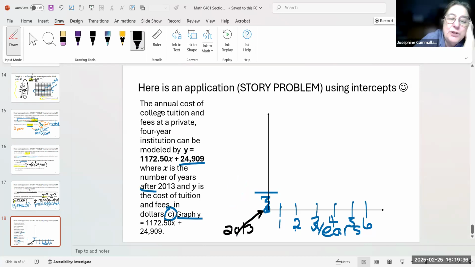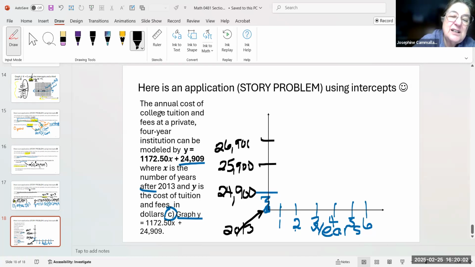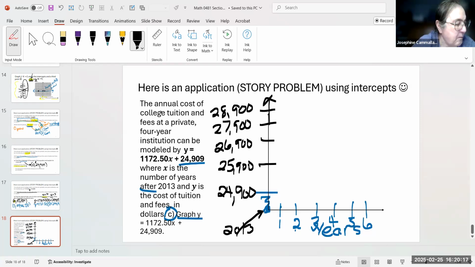Okay, I am going to make this 24,900. And I'm going to make this 25,900, 26,900, 27,900. And then I'm going to make up here 28,900.